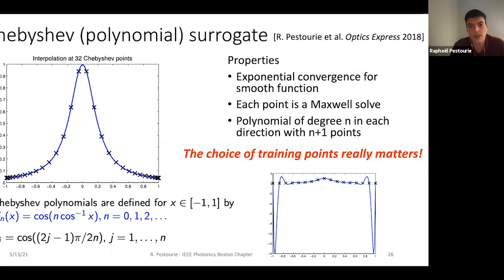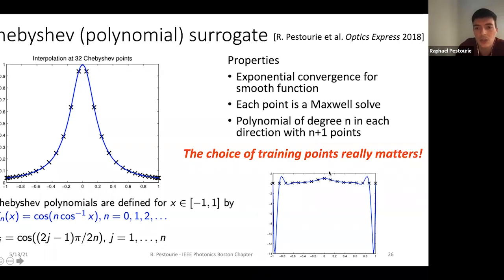Another thing I want to point out is that for this interpolation we have the Chebyshev polynomials, but Chebyshev polynomials don't always do very well. They do very well when you choose the right training points, and here it is the Chebyshev points. On the left, you can see an interpolation of a function using the Chebyshev points.